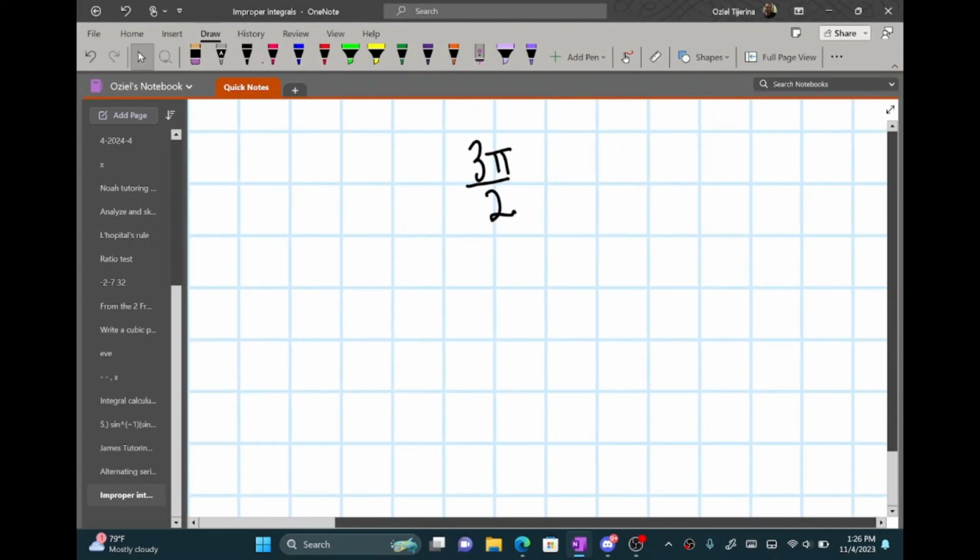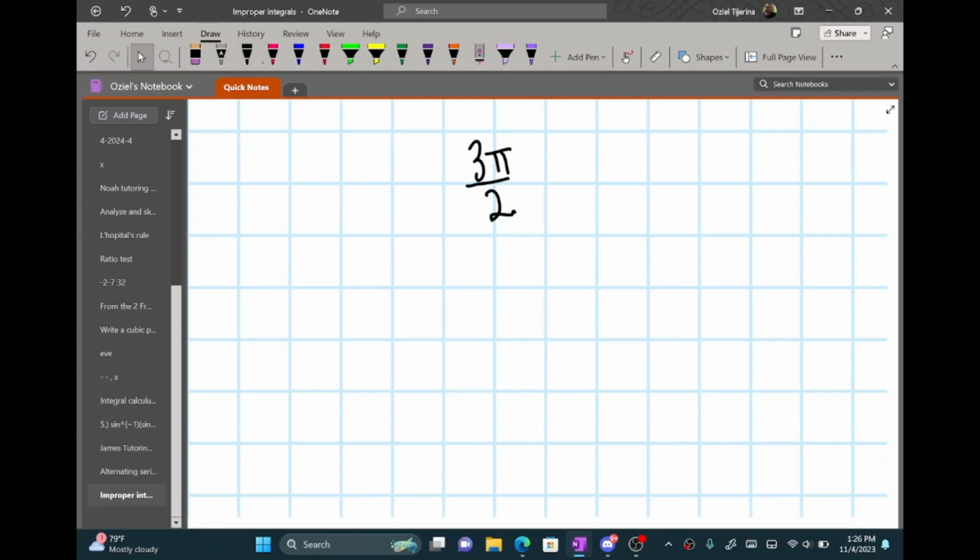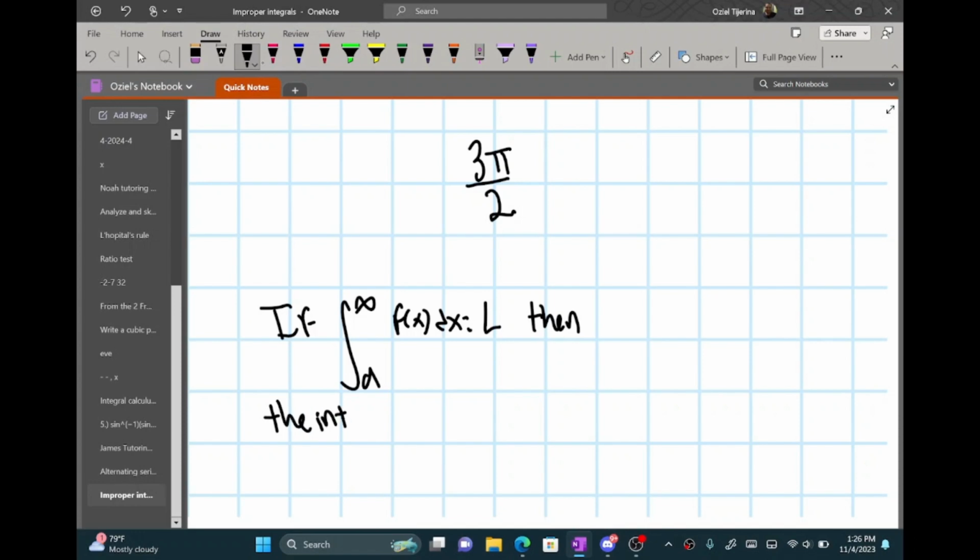So I do believe that if the integral from a to infinity of f of x dx equals some finite number L, then the improper integral converges.